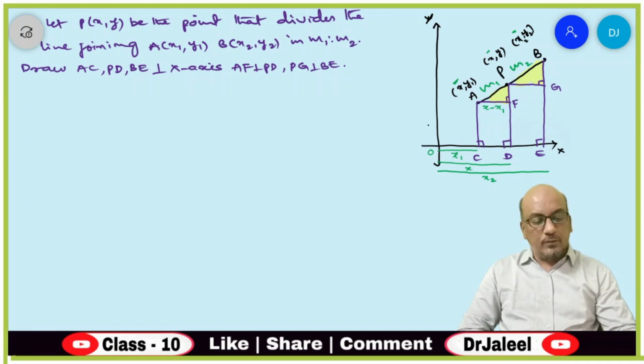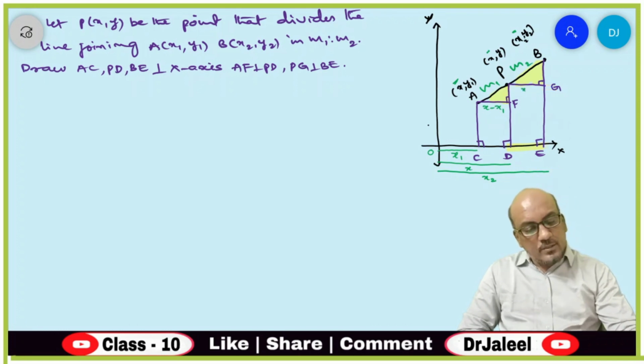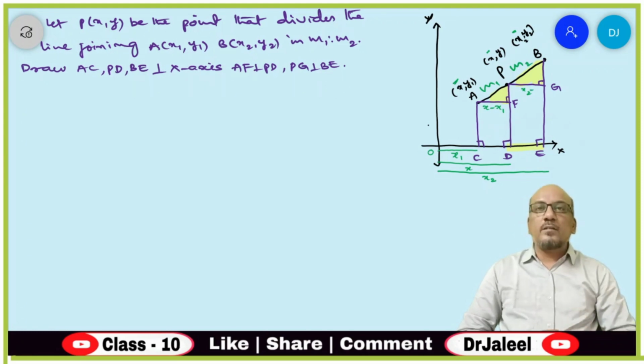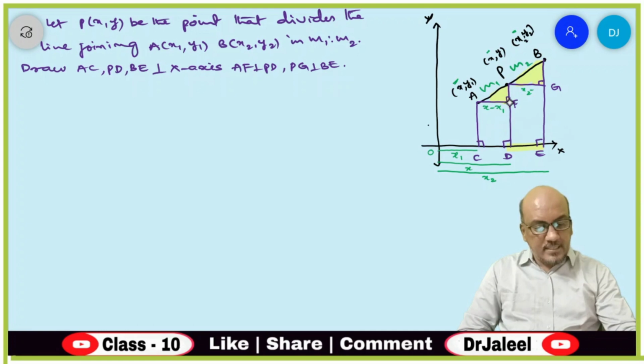Next, we will go for PG. PG is equal to DE. And how do you get this DE? Total length, that is x2 minus x. So this side is going to be x2 minus x. Similarly, we will go for vertical distances. What is this PF?